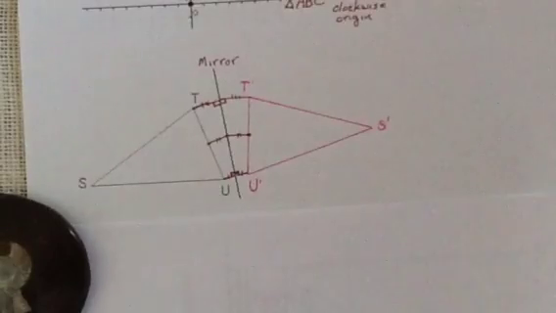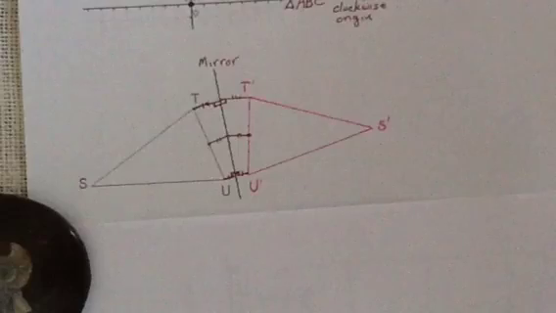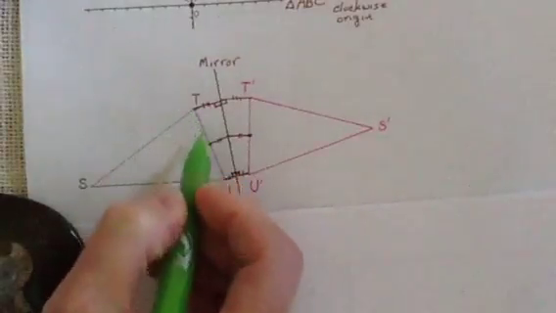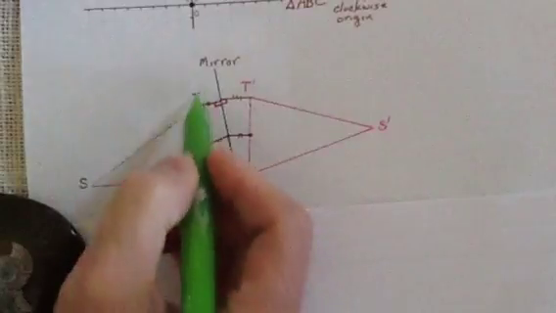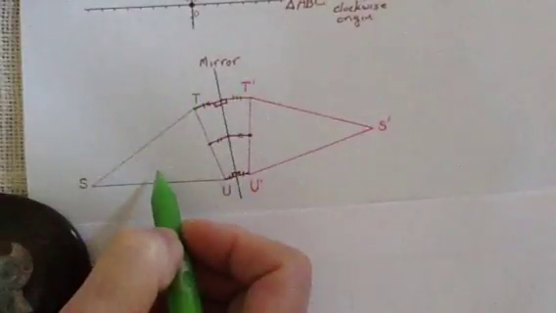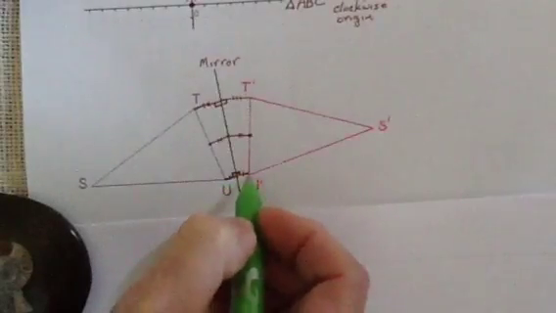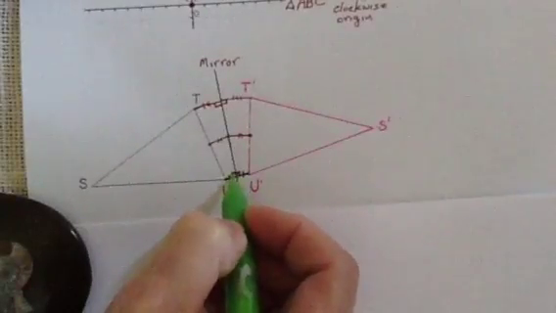This is our reflection, and here you can see that each point, it's a little cluttered here, but this is our original shape here because there's no primes. So this is our pre-image. This point U is the same distance from the line, from the mirror, as this point here. They are equidistant, and this just means perpendicular.